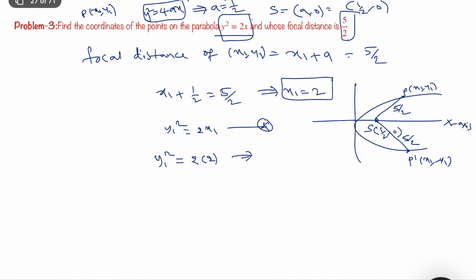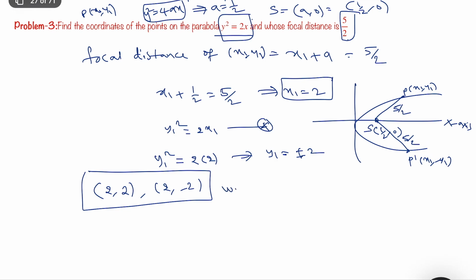That implies y1 equal to plus or minus 2. So we have 2 points here, 2 comma 2 and 2 comma minus 2. Okay, these are the 2 points with focal distance 5 by 2.